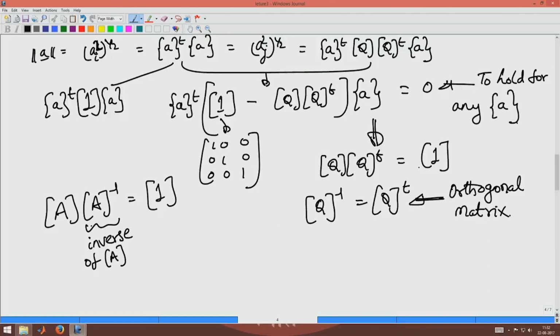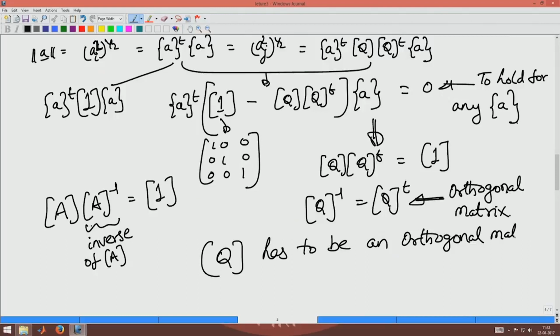So, that is the restriction on Q. So, Q has to be an orthogonal matrix, for it to be able to map different components of the same directed line segment. Okay. That is a restriction.